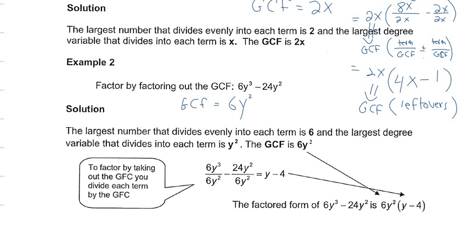Okay? So what are your factors of 6? Your factors of 6 are 2, 3, and 6. Yes? Your factors of 24. So what can you divide 24 by? You can divide it by 2. You can divide it by 4. You can divide it by 6. Right? You can divide it by 12.